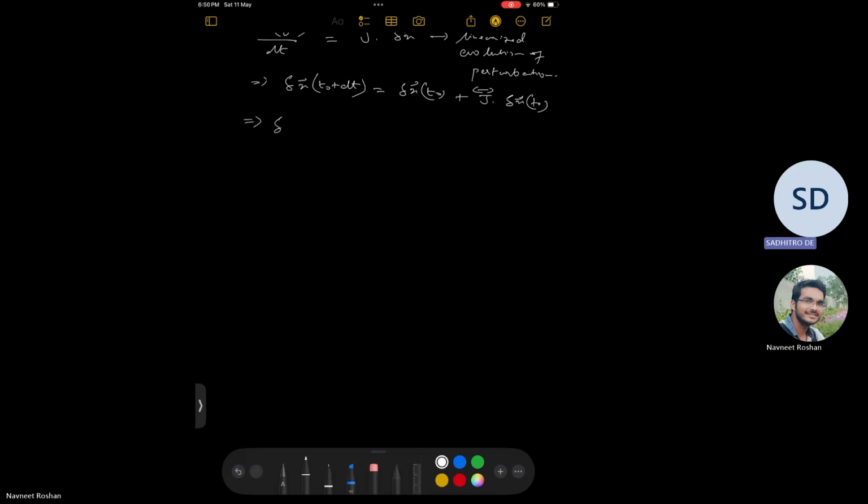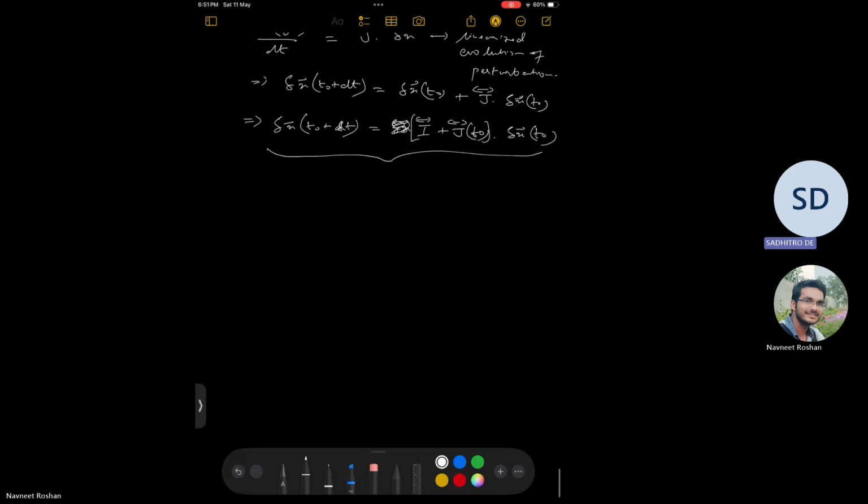So the perturbation after an infinitesimal time interval is nothing but the identity matrix plus the Jacobian at time t0, dot product with the perturbation vector at time t0. This is the equation that we have to solve numerically.